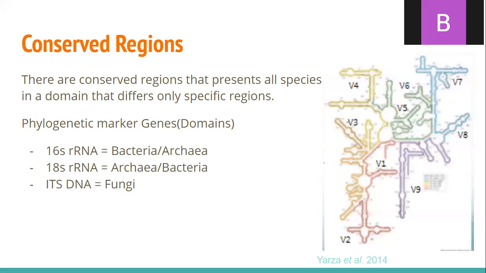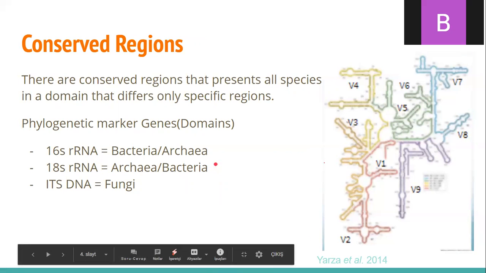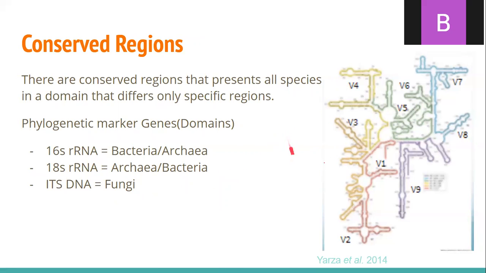For phylogenetic marker regions, these conserved regions are 16S rRNA for bacteria, and for archaea, more like 18S rRNA, and ITS DNA for fungi. These regions are basically conserved, but they have specific regions that differentiate between the species.